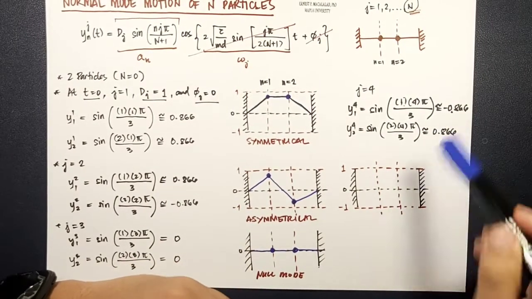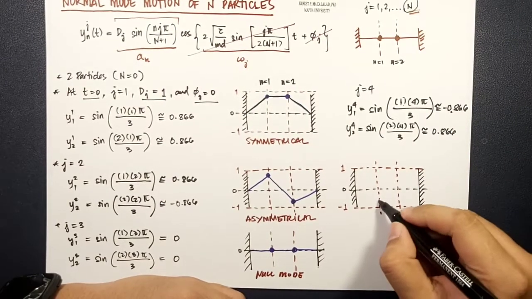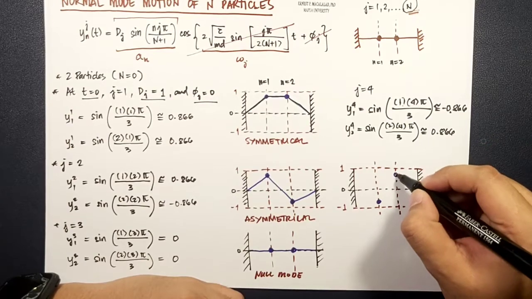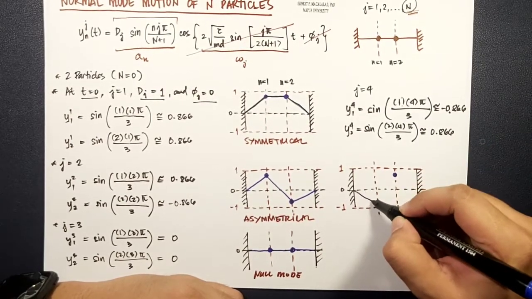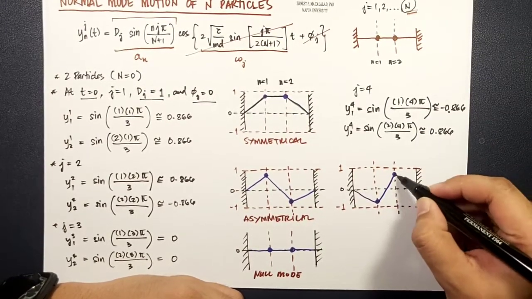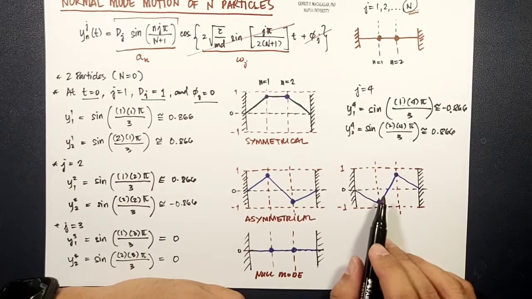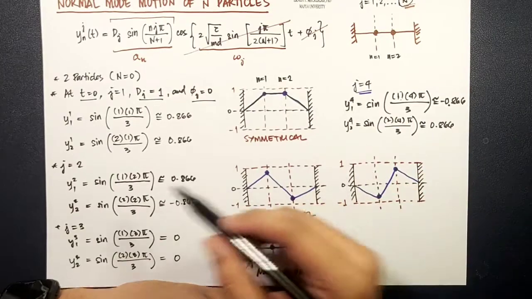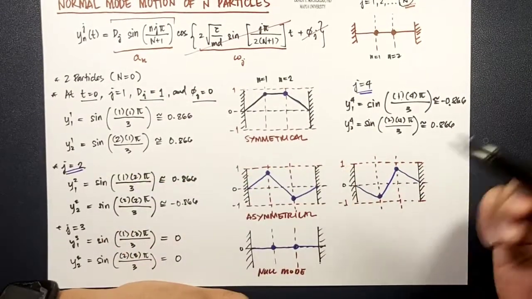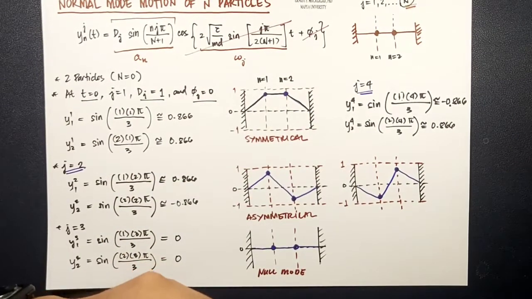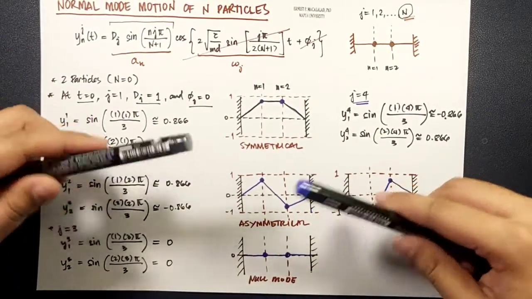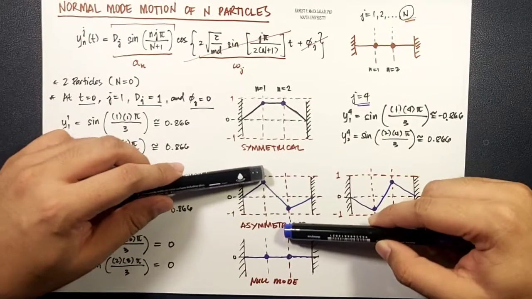For n equal to 1, that's negative 0.866, so this one, and for n equal to 2, that's 0.866. So the position of your particles will be like this. You will notice that J equal to 4 is just the same as J equal to 2, but in the opposite direction.